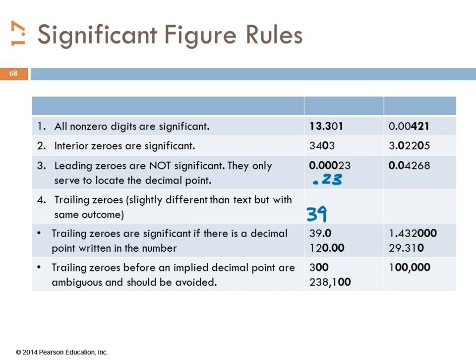Now, a number like 100,000, well, let's think about the population of Fresno. Anybody know what the population of Fresno is? Pardon me? Okay, 600,000. So what do you think the error is on that?